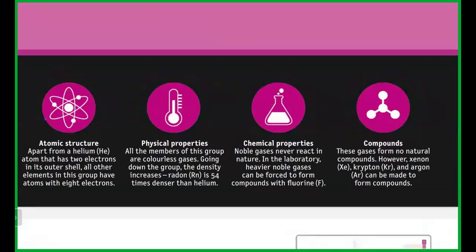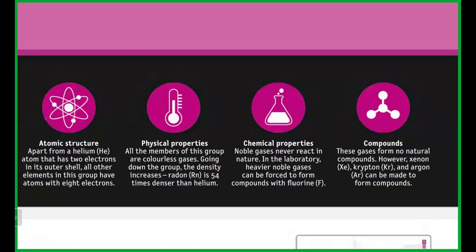And physical properties: all in this group are colorless gases, meaning that they don't have any colors. And going down the group, the density increases. Radon, for example, is 54 times denser than helium. So helium is actually the very top of the elements.